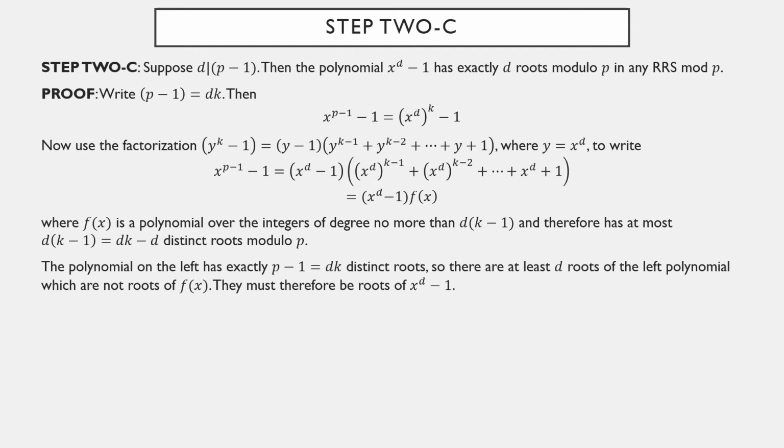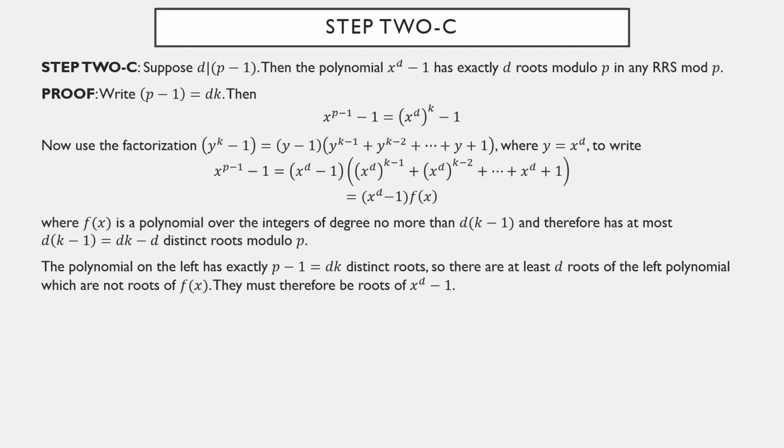But the polynomial on the left is just x to the p minus 1 minus 1. And step 2a established that this has exactly p minus 1, which was equal to d times k roots. So the polynomial on the left has dk roots. The polynomial on the right, f of x, has at most dk minus d roots.